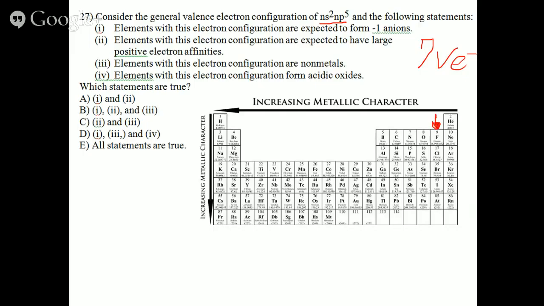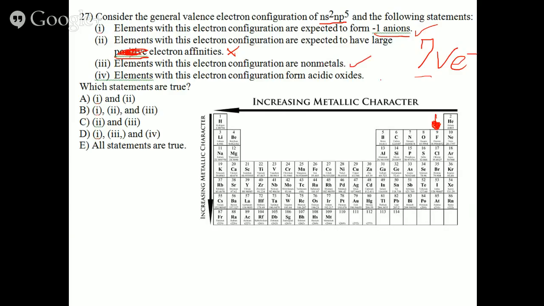So what do we know is true for all these? Elements in this electron configuration form -1 anions. That is true, because it likes to gain 1 to get the stable octet of 8. Number 2, devil's in the details: elements with this electron configuration are expected to have large positive electron affinities. No, it should be negative. So this one is incorrect. Elements with this configuration are nonmetals.